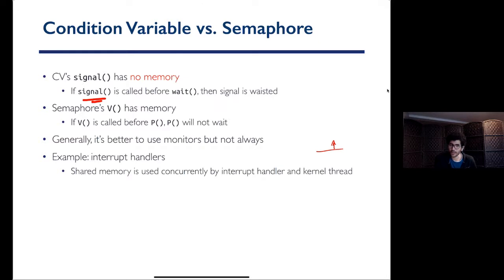This is probably the second time we're talking about interrupt handlers. Let's say there is shared data between your kernel threads and your device driver. For example, I'm just making it up, so don't put much emphasis on this example: let's say you have an SSH daemon that wants to read incoming packets.